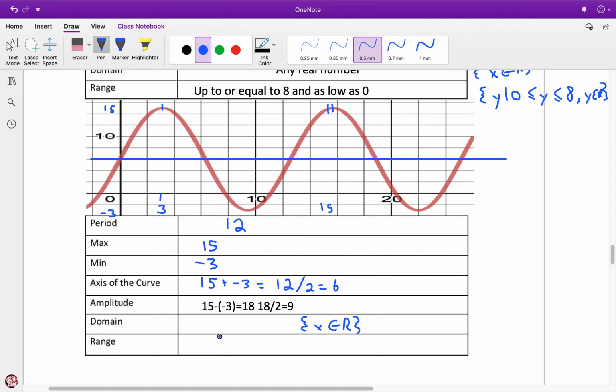So let's make this y such that, and we put the symbols in first. Then we can figure out what we're doing. Y is any real number. Good. So now it's y is greater than, and I'm going to put my low value here. So it's greater than or equal to -3, and it's less than 15.